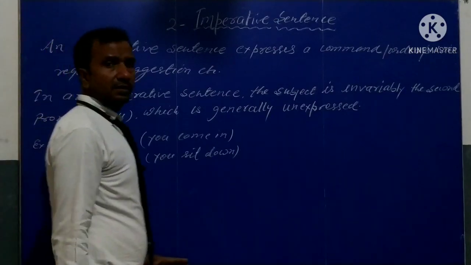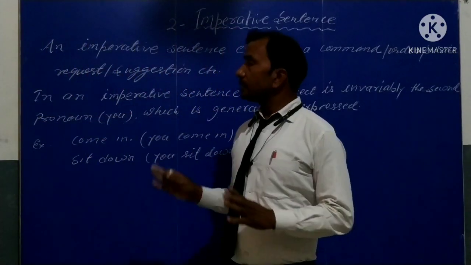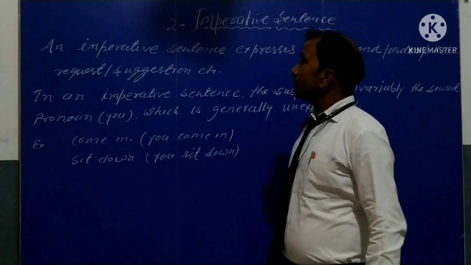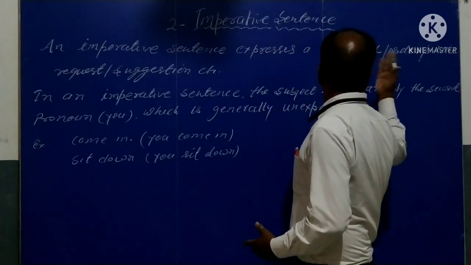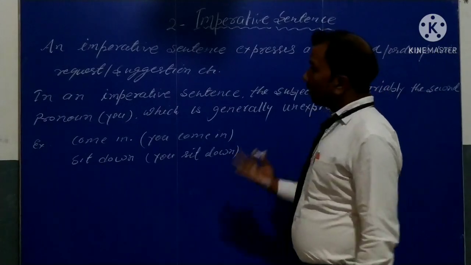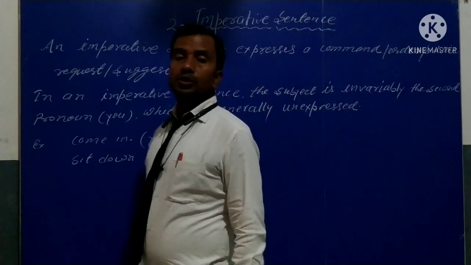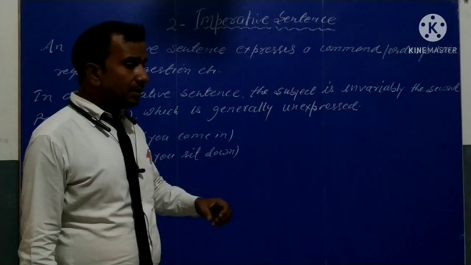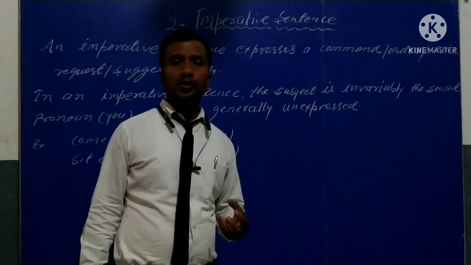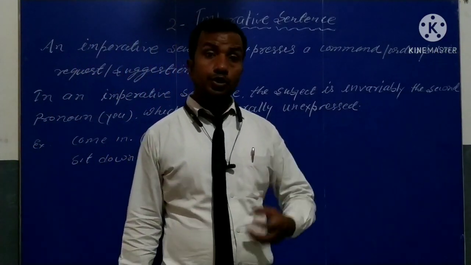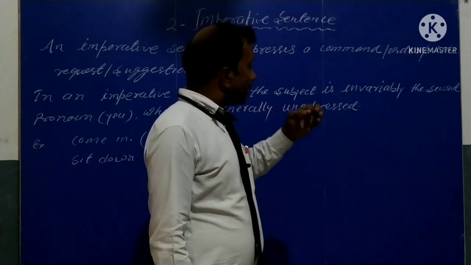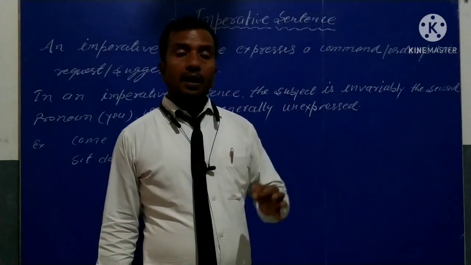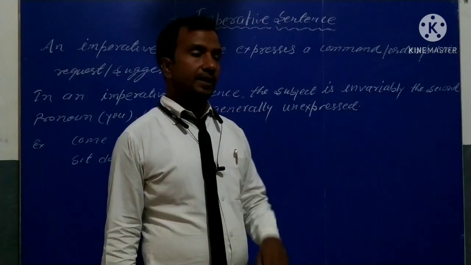Student, you know that imperative sentences are the sentences which give you command, request, heading, proposal, advice, order, suggestion, etc. So, when verbs give you some advice, suggestion, request, command, such sentences are known as imperative sentences.